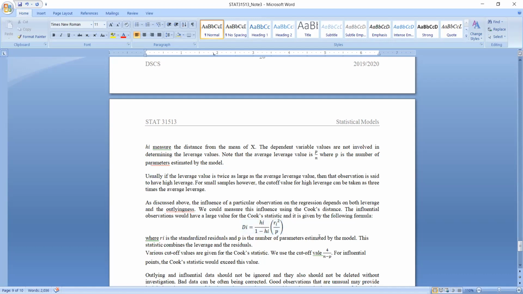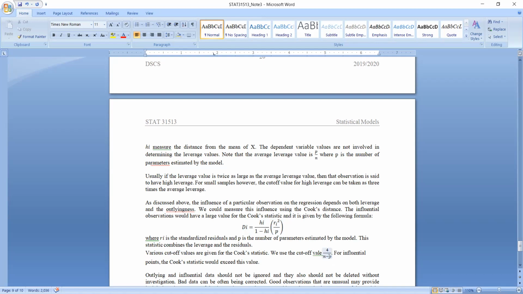So we can calculate Cook's distances using our data set. Then there is a cutoff point that we can use, that is 4 over n minus p, where n is the number of observations and p is the number of parameters.